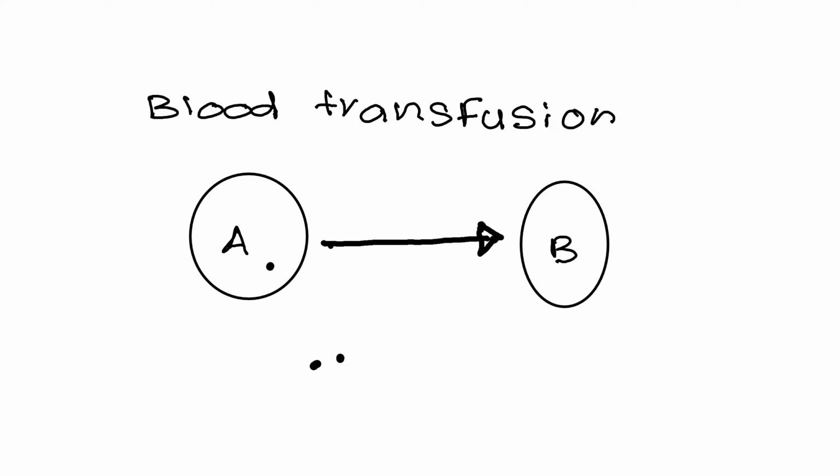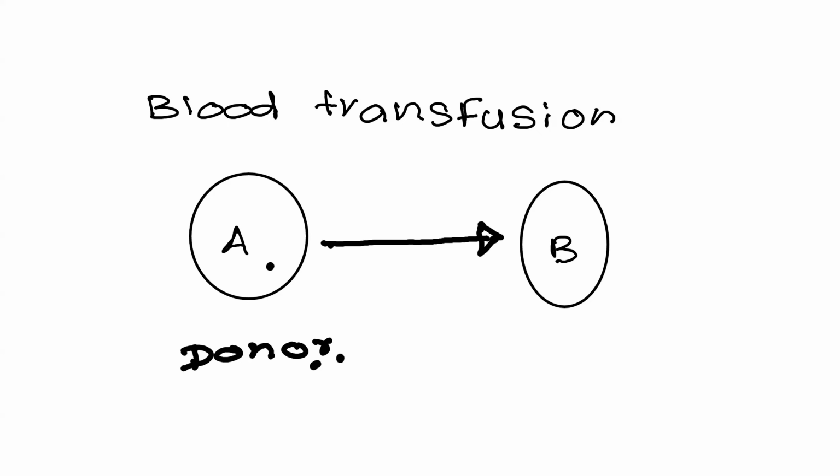Actually, it is not only the blood but also the blood components. In a later part, we will talk about what the blood components are. So blood transfusion means you have to transfer blood or blood components from one person to another person. The person who gives the blood, we call the donor.